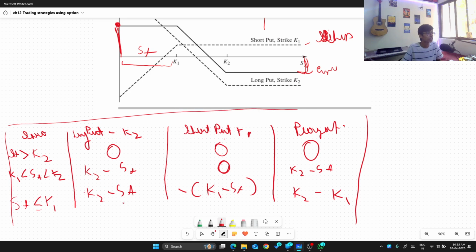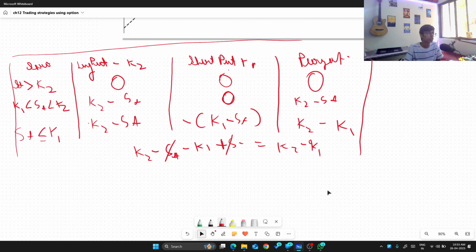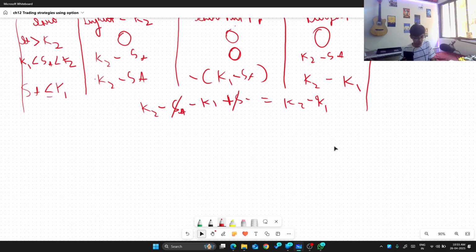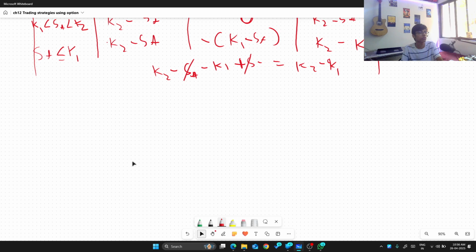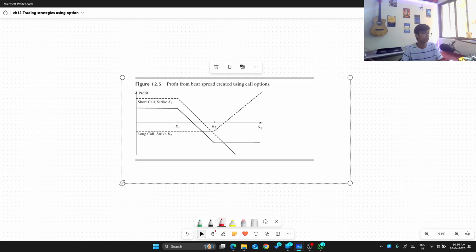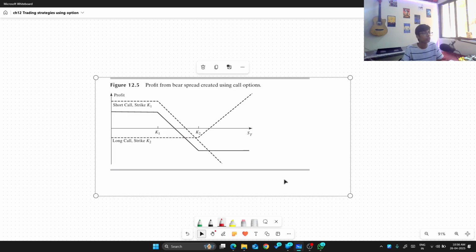You can do this math, it is simple. k2 minus ST, minus k1 plus ST, so the ST cancels out, and that is k2 minus k1. So that was the bear spread, and we can also do it using call options.